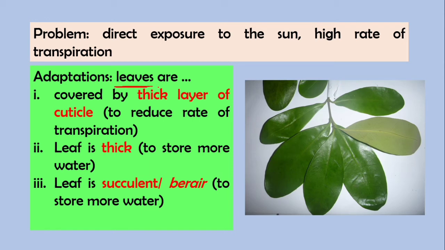The leaves are adapted to be covered by a thick layer of cuticle wax to reduce rate of transpiration. The leaf is also thick to store more water and the leaf is succulent. Maksudnya berair, ada banyak air dalam leaf dia.